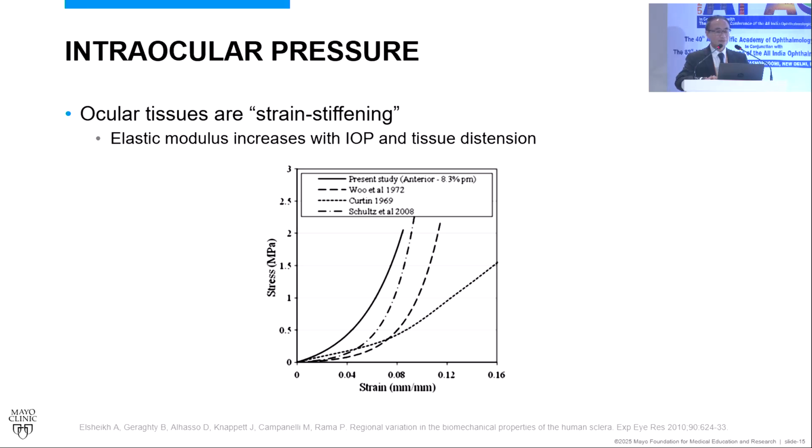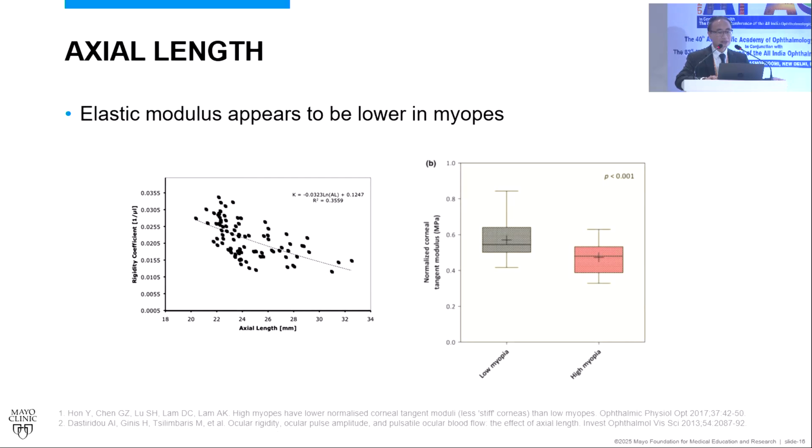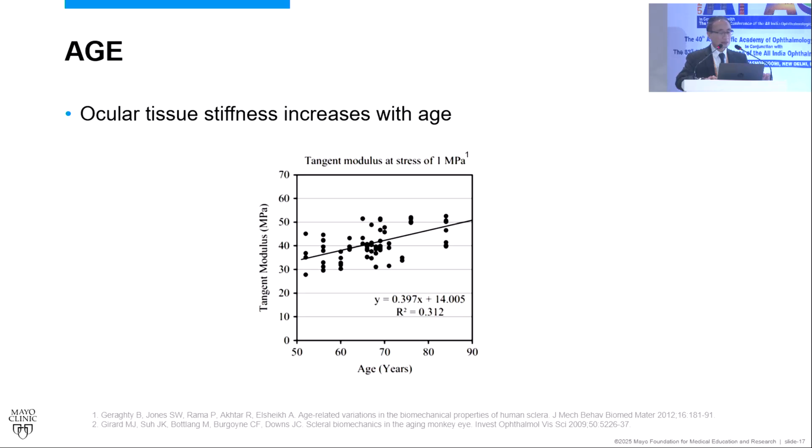One thing that we know for sure is that the elastic modulus of the eye increases with IOP. As you stretch out the tissues, it actually becomes stiffer. Axial length also seems to play a role, so elastic modulus appears to be lower in patients who are myopic. And the stiffness of the eye also increases with age.